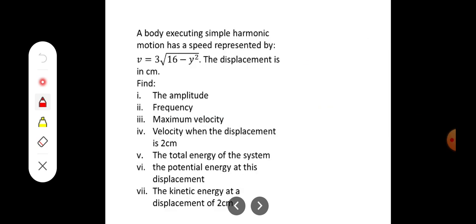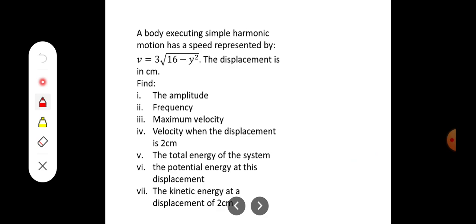Now this is another question. It says a body executing simple harmonic motion has a speed represented by v equal to 3 root 16 minus y squared. The displacement is in centimeters. Find. Now we are given different things to find here.